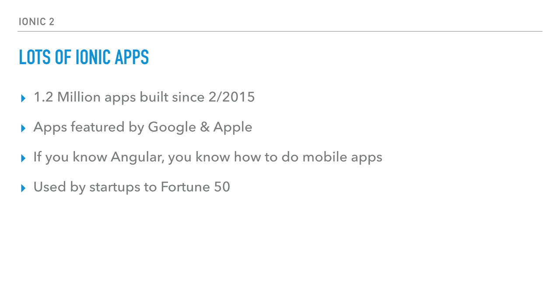So definitely the result that you can get with Ionic is super good quality. If you already know Angular, you already know how to write mobile applications. And finally, it's worth mentioning that Ionic is used by Fortune 50 companies, startups, and also medium players, big players, freelancers. So everybody is using Ionic. You should do it too these days.